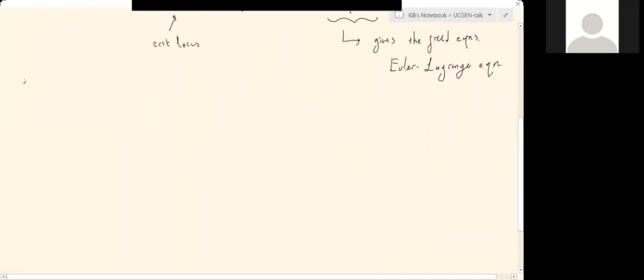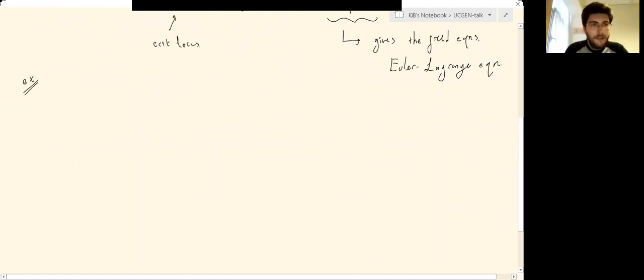So let's see some examples. For instance, just consider the usual classical free particle action. Consider a free particle of mass m. You have a path like this, and you have an interval, let's say [0,1]. This is your image, and this is R^n.